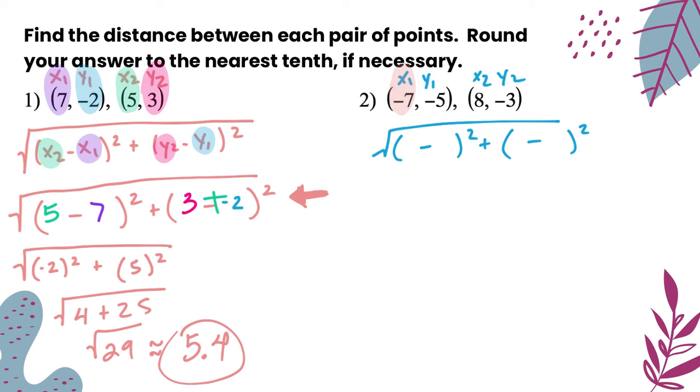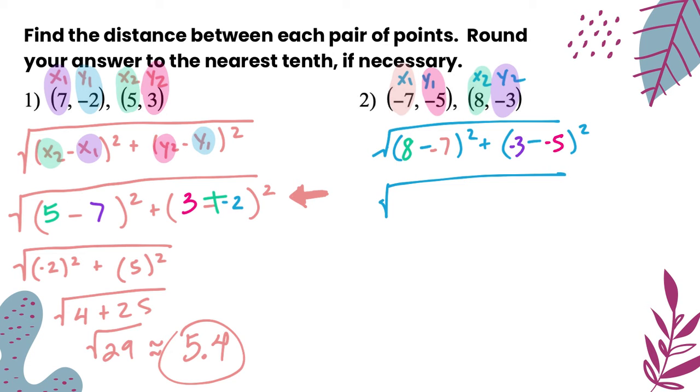Then when I plug those numbers in, I will start with x2, that'll be 8. x1 is negative 7. y2 is negative 3. And y1 is negative 5.